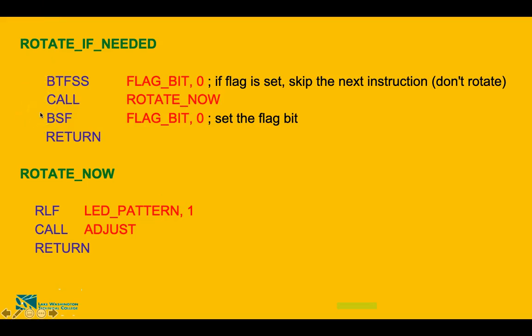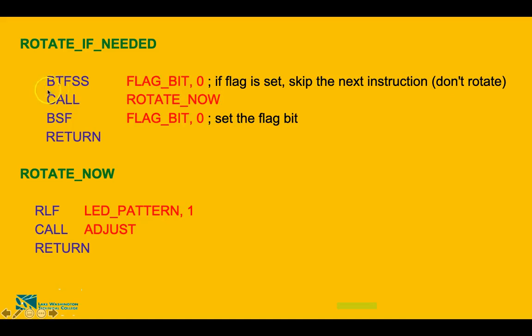In this one, if you remember on the flow chart, I showed you that we used the flag bit 2 times. One time we used it when we wanted to turn on the LED, when the LED was on, and the other time I used it when we are rotating the LED, right? So that's the other use of the flag bit.